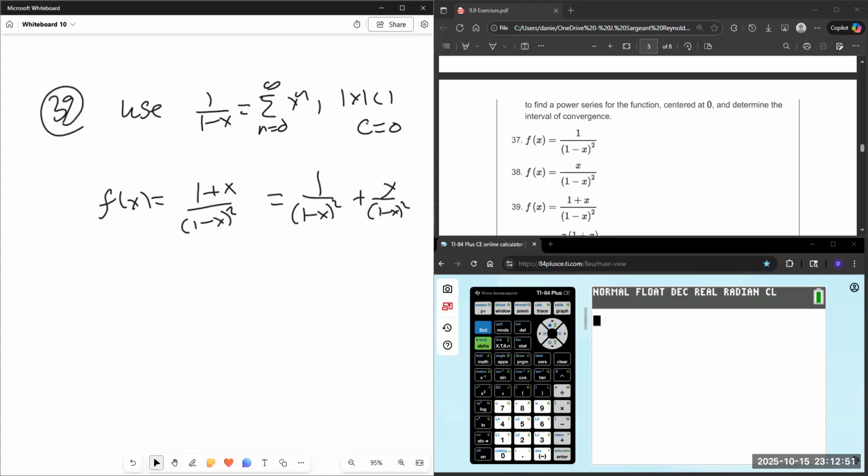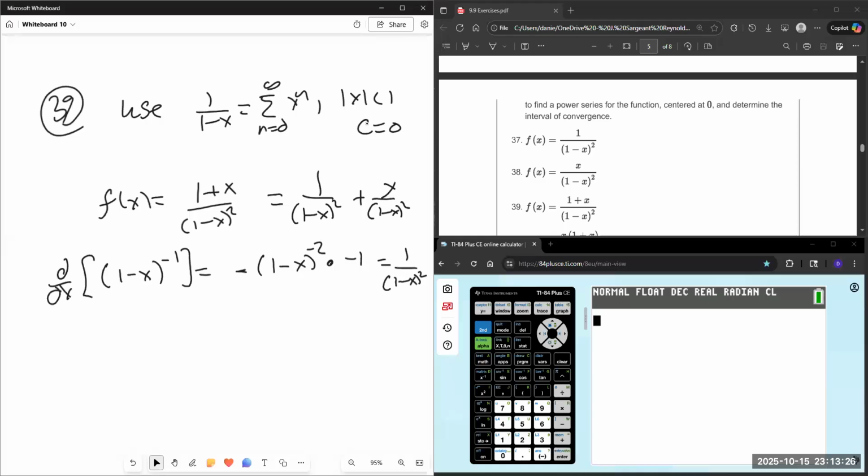So let's just deal with this first part here as the derivative, or almost the derivative, of (1 minus x) to the negative first, which will be equal to a negative (1 minus x) to the negative second times the derivative of the inside, which is -1, so it will be a positive 1 over (1 minus x) quantity squared, which is what I have.